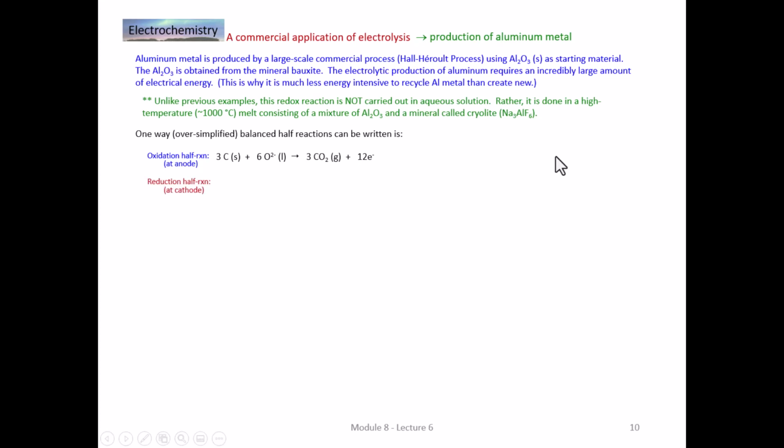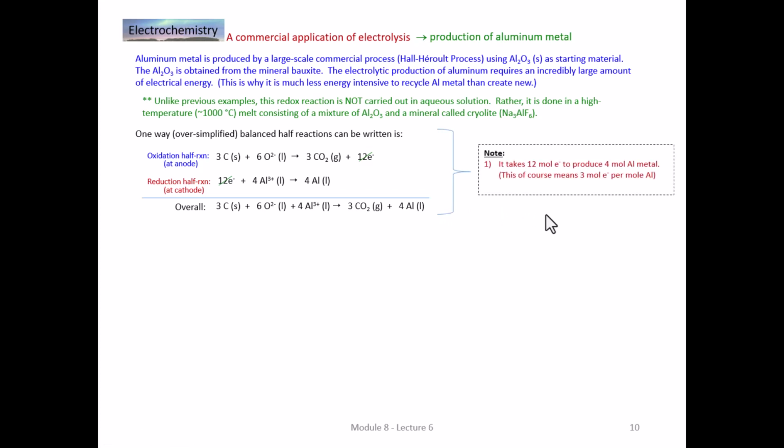Now at the cathode, the reduction half reaction can be written as 12 electrons interacting with 4 aluminum 3+ ions to produce 4 aluminum atoms in the liquid state, because this is a high temperature melt. The overall reaction can be written as carbon and oxides dissolved in this liquid melt plus aluminum ions producing carbon dioxide and aluminum metal.